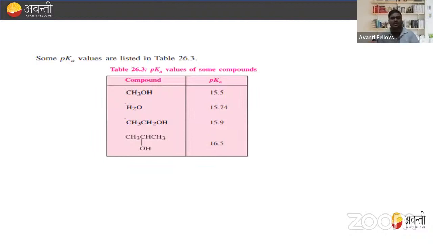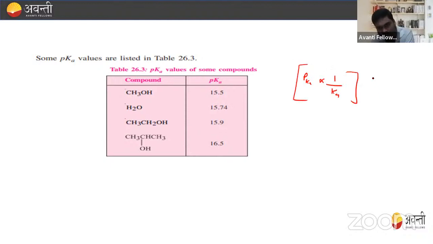So here we have got the values of pKa. The more the value of pKa, the lesser the value of Ka, and the lesser will be the acidic nature. So we know that pKa is inversely proportional to Ka, right?